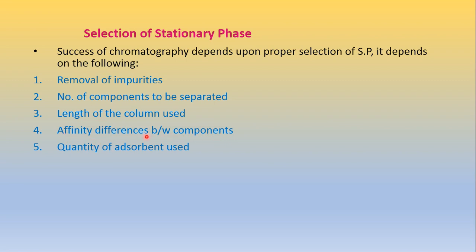If the affinity difference between components is high, then short columns are sufficient, but if the affinity difference is low, meaning all the components have almost the same affinity, not exactly similar but almost the same affinity, or we say almost the same polarity, then we have to use the stationary phase accordingly, or apply that column accordingly.